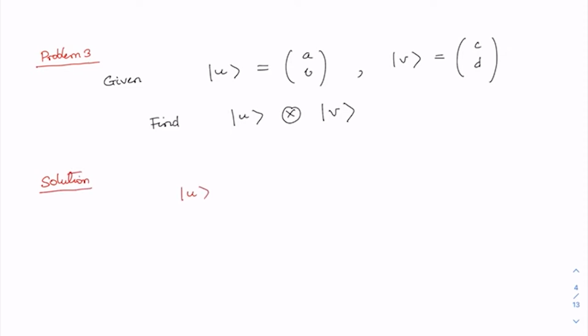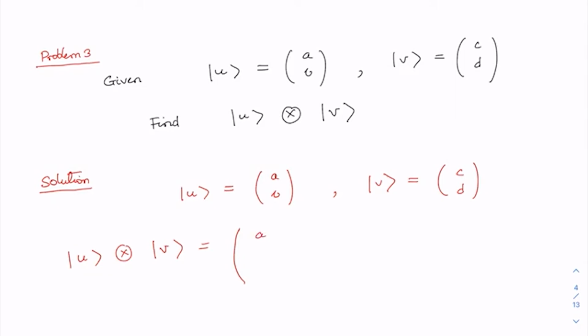So ket u is equal to the column vector A B, and ket v is equal to C D. So the tensor product of ket u and ket v would be, so here let me first write down the elements of u, a, b, and then we'll have here the ket vector v.